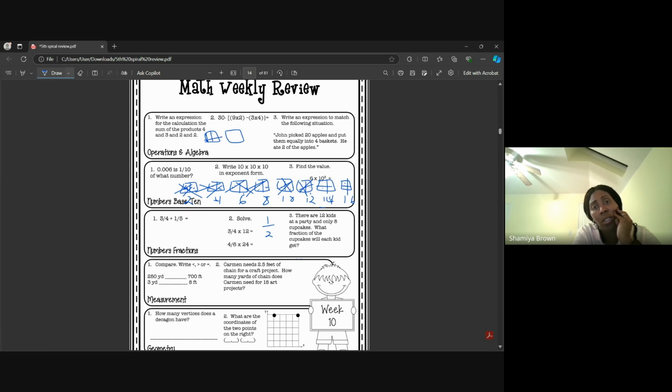Let me see. 1, 2, 3, 4, 5, 6. And then split this one into 6. 1, 2, 3, 4, 5, 6. So if I split it into 6, then I'll have enough to give each of the 12 students one because I have 6 plus 6 is 12. So they can each get a sixth of the cupcake.